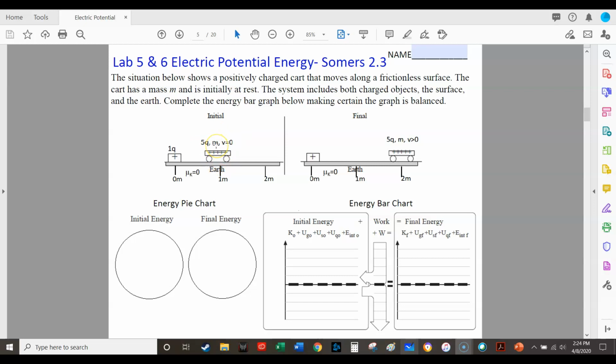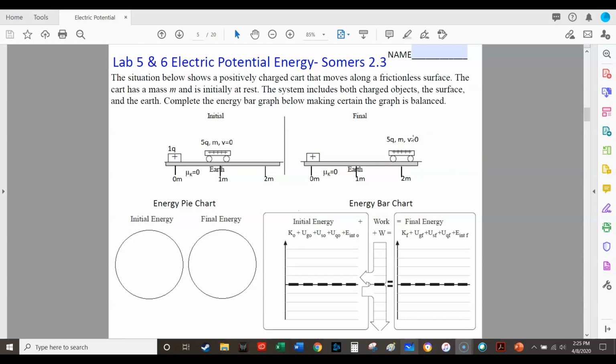It's a cart that does have a mass too, and it has no initial velocity. Later on in the problem, the cart is now 2 meters away, and it's still got a voltage being applied to it, and it is now moving at a rapid speed.